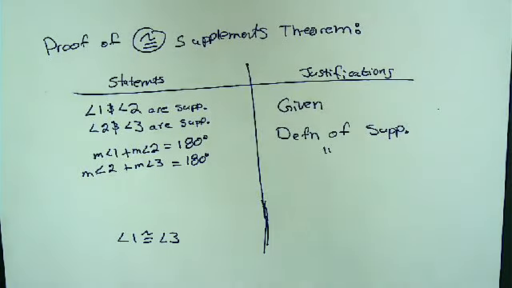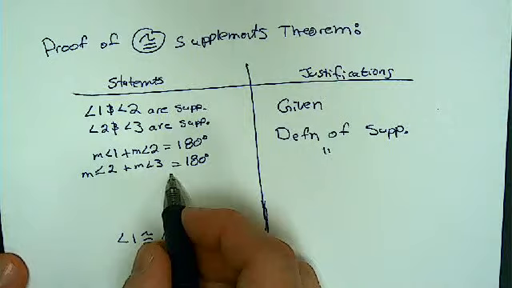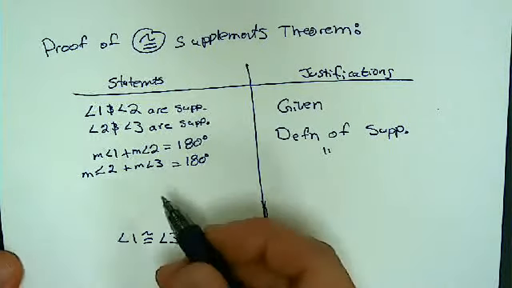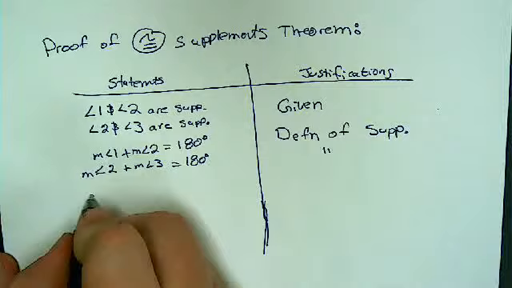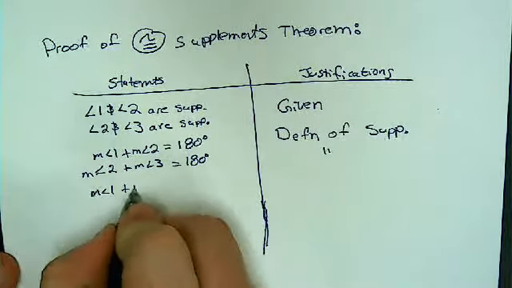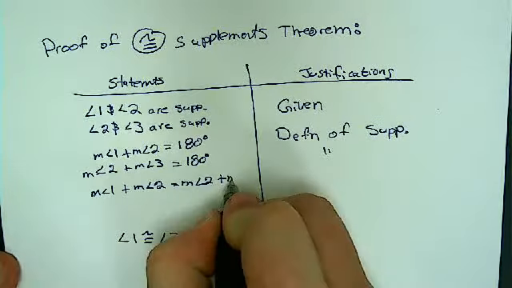What do you think, Melissa? So 1 plus 2 equals 2 plus 3. That works, doesn't it? Because they both equal 180. So I can set them equal to each other. Measure of angle 1 plus measure of angle 2 equals measure of angle 2 plus measure of angle 3.